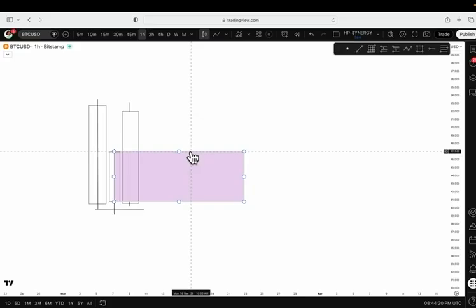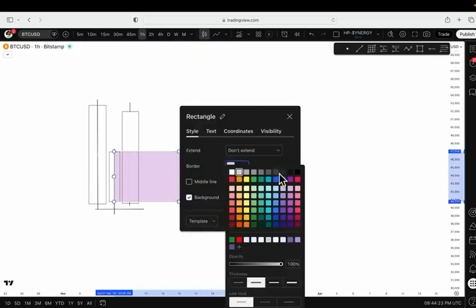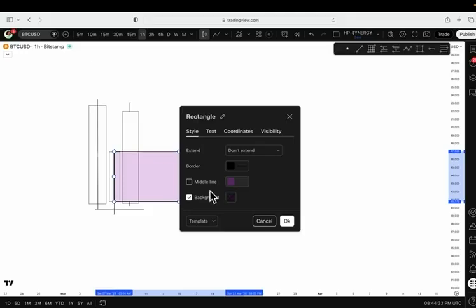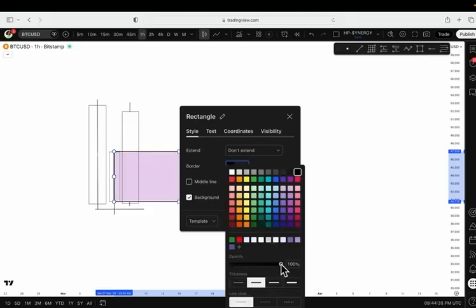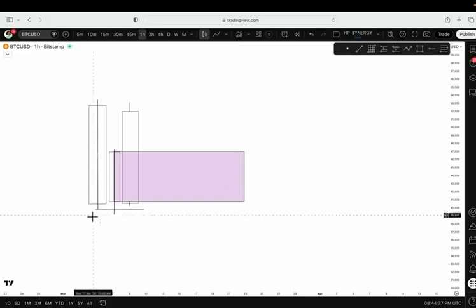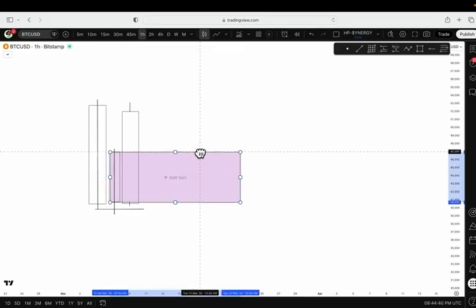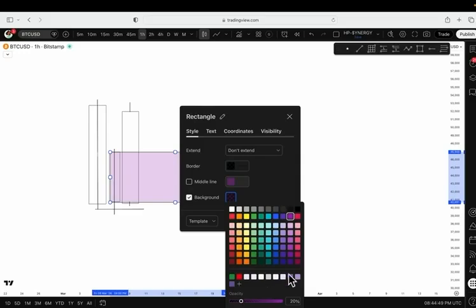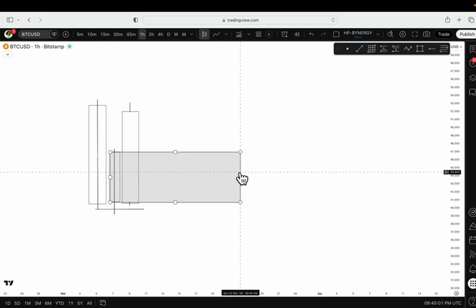Let me use this one. I want to use a color that is different from the box that is there. Okay, perfect. Purple is too sharp. Let me use this, a bit lighter. Okay, I think this is okay.